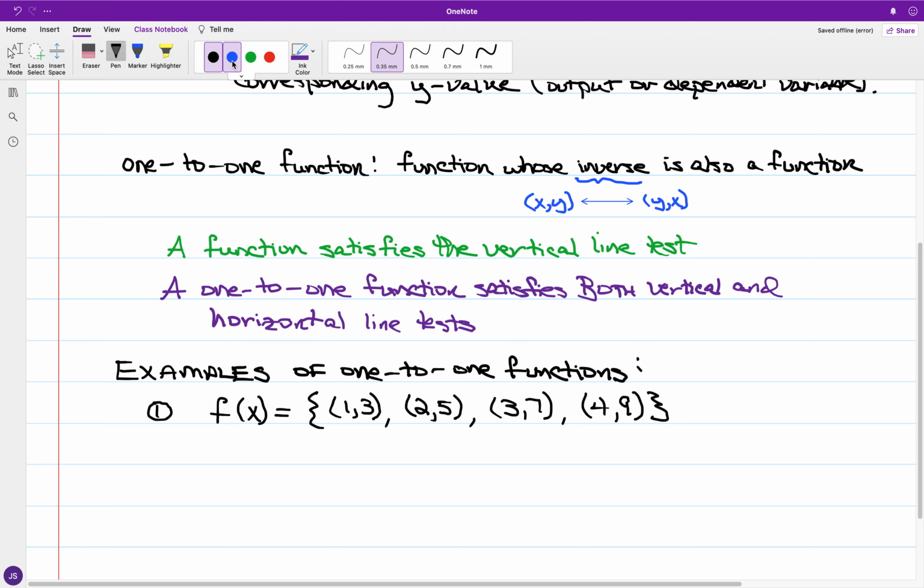Again, just for the characteristics. Now we have the domain, which will be the set of the x values that define the function. So in this case, we have 1, 2, 3, and 4.